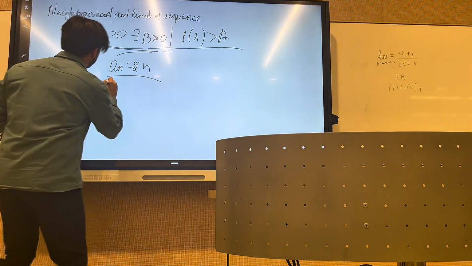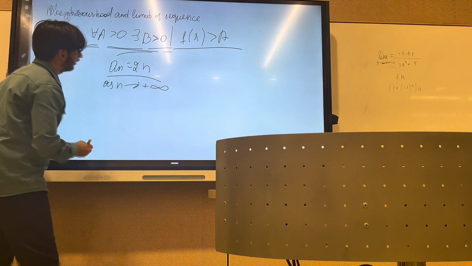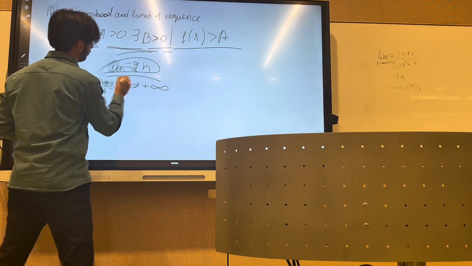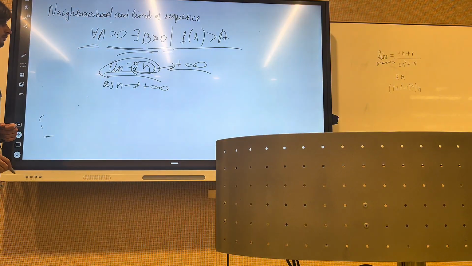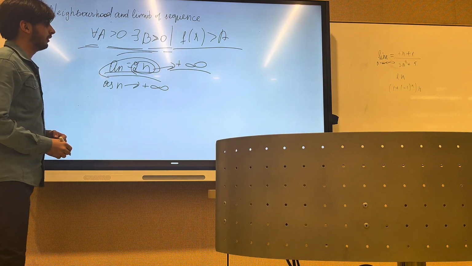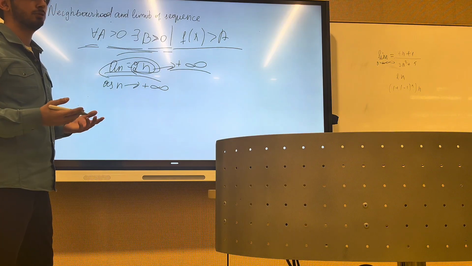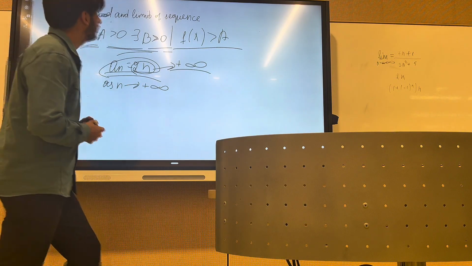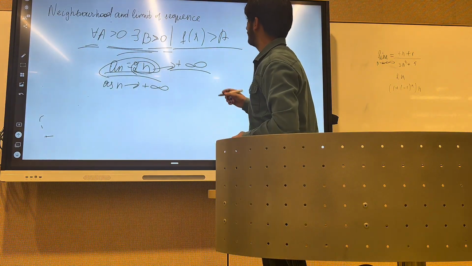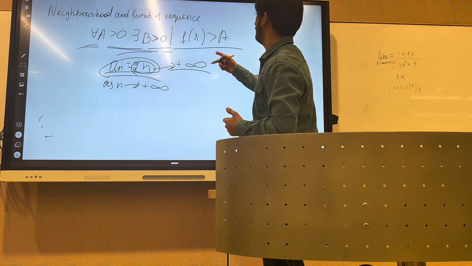And as n goes to the positive infinity, our fraction 2n goes to the positive infinity. Now, from this illustration, we simply say that it diverges. So we can also, as I said, prove it by a definition.